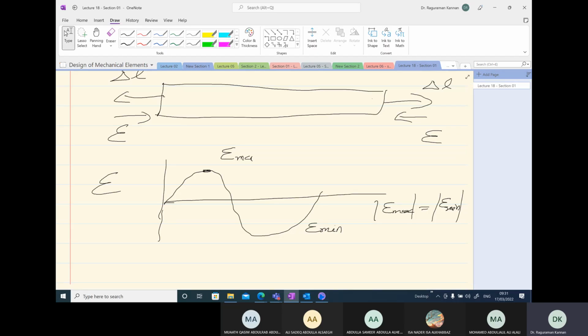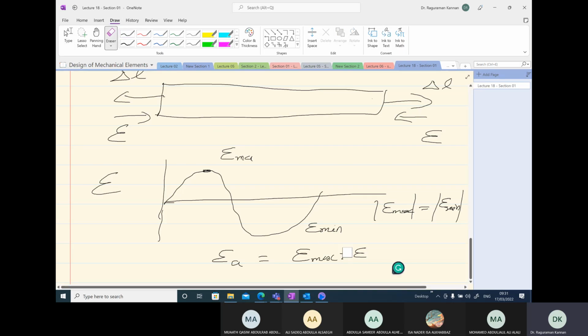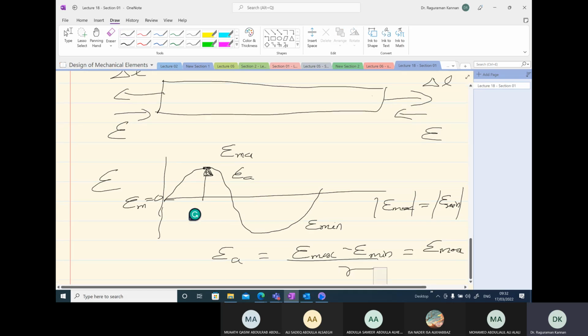Again, we have the amplitude of strain defined in the same way: maximum minus minimum over 2. So this should be equal to exactly the maximum strain value. This will be your amplitude, and your mean strain in this case is exactly equal to 0 for our case.